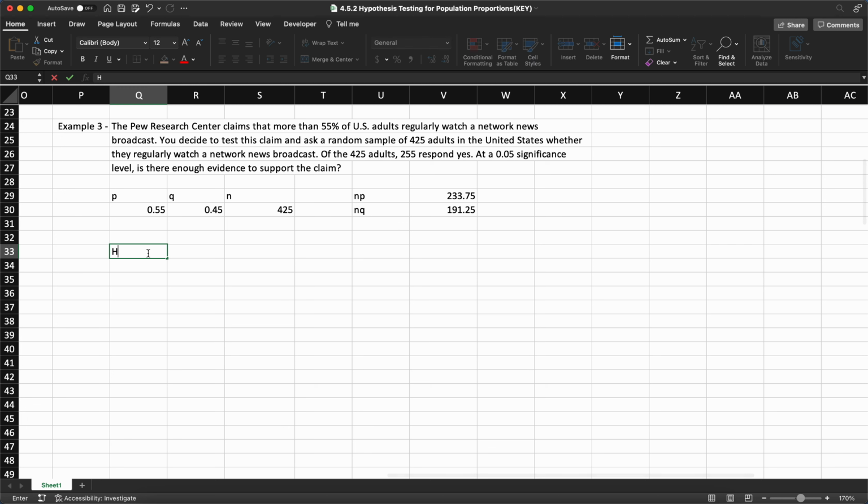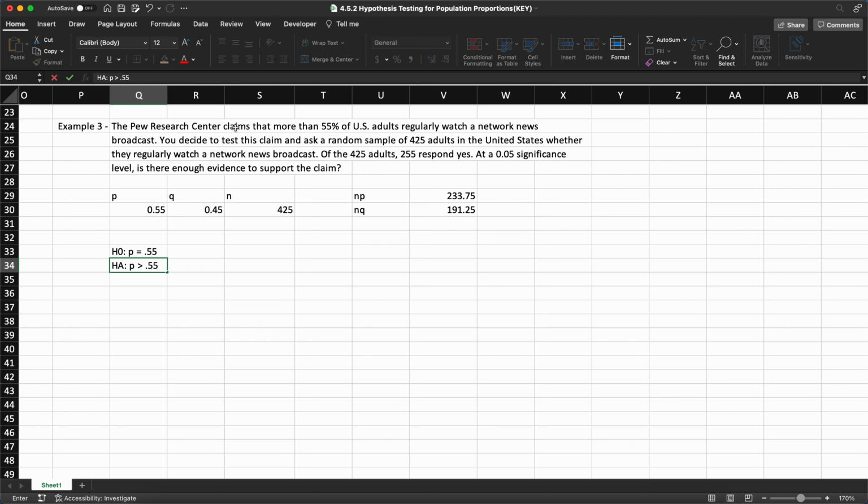My null hypothesis is going to be that P is equal to 0.55. My alternative hypothesis is, we are trying to support the claim that it's greater than, so the claim here is that it's greater than 55%, so P is going to be greater than 0.55.